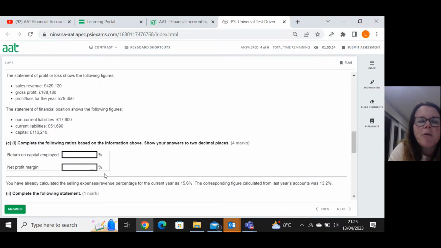So I always think of it as, right, what am I getting back for what I put in? So what you get back is the profit that the business makes, and what you've put in is your capital plus any extra that you've borrowed, like through a loan. So the formula is profit divided by capital plus non-current liabilities.